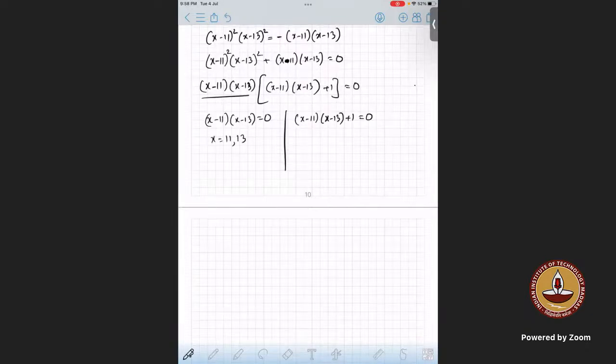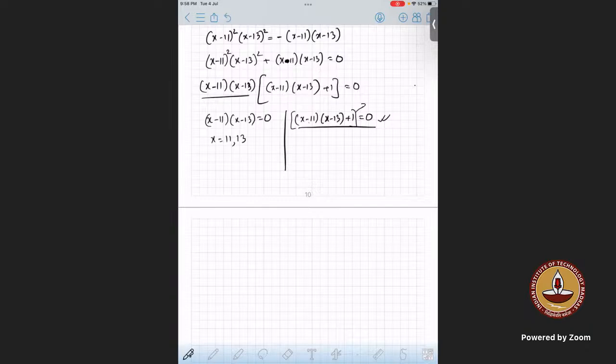So here we need to solve this. How will you solve that? Okay, leave that. Look, one thing we can look before expanding all this and making a quadratic equation, just check.